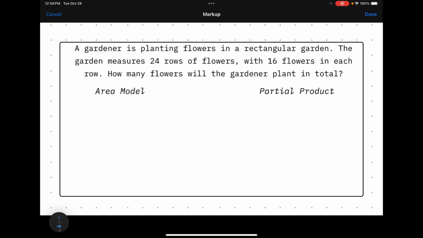Now I'm going to use both of those models when it comes to a word problem. A gardener is planting flowers in a rectangular garden. The garden measures 24 rows of flowers with 16 flowers in each row. How many flowers will the gardener plant in total?